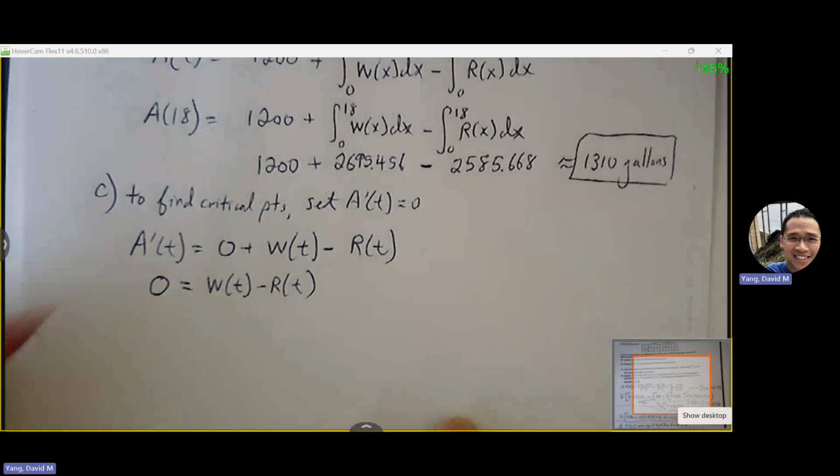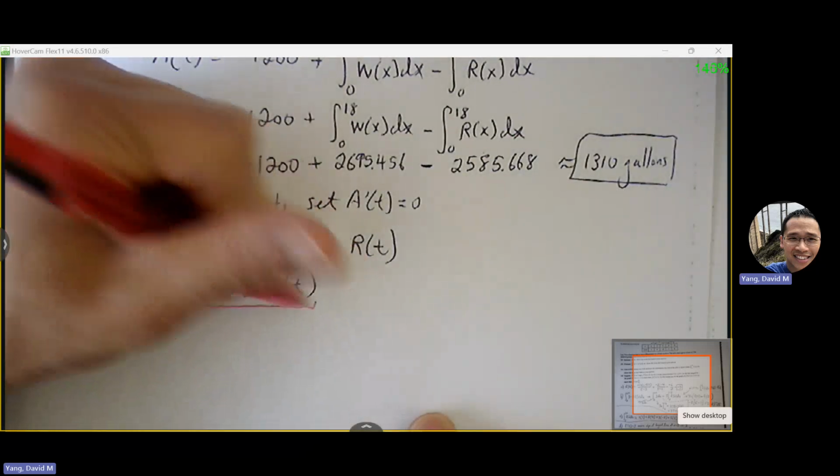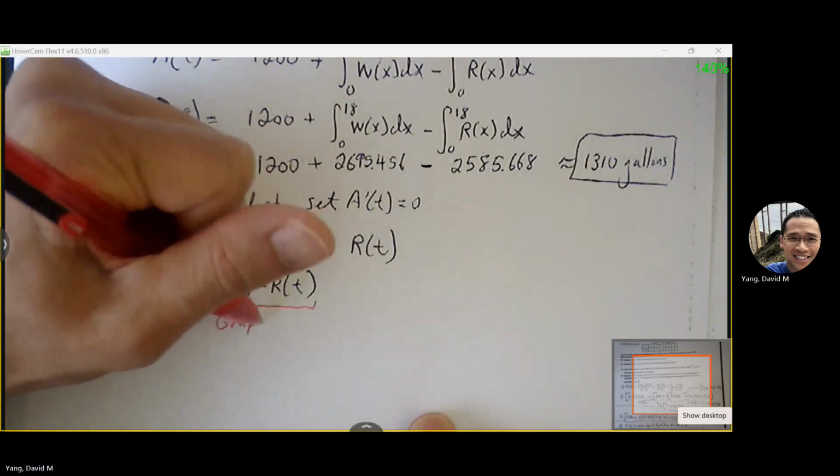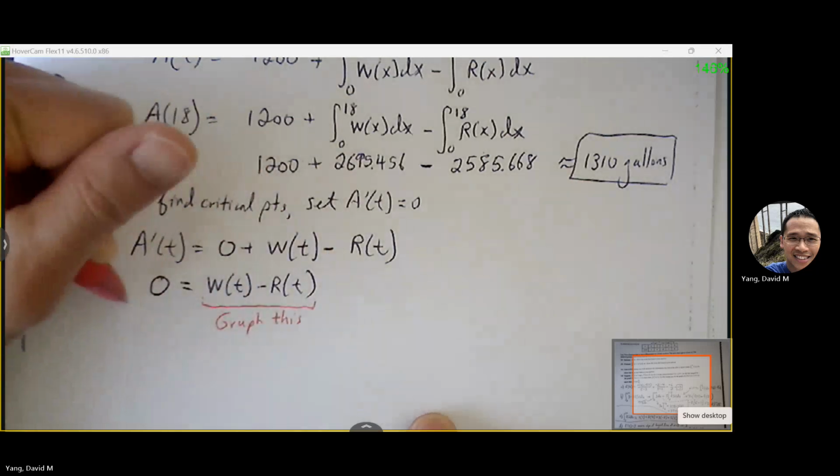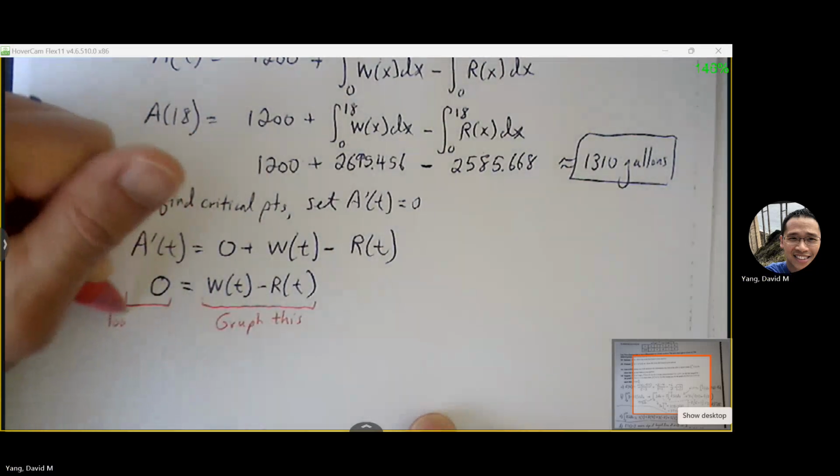We'll take advantage of our calculator. The way we do that is we're going to graph this equation and then look for the x-intercept.